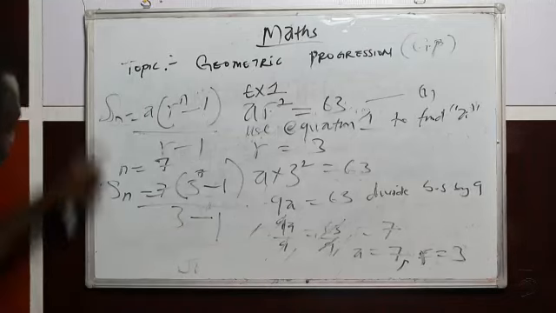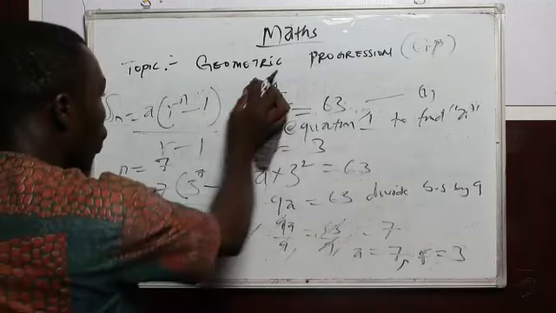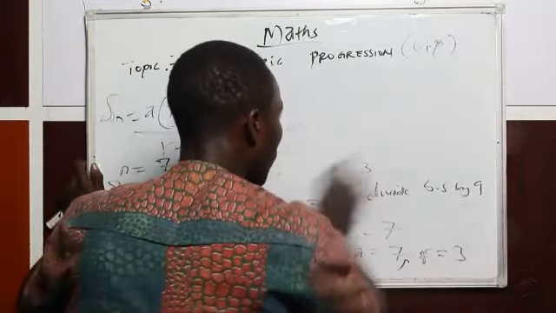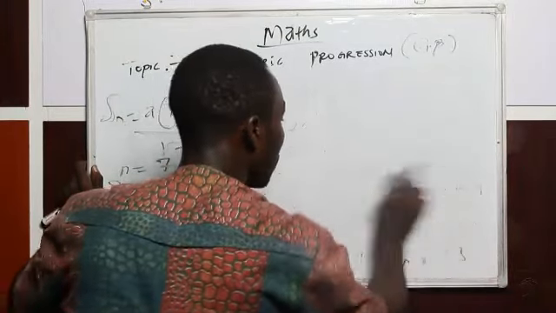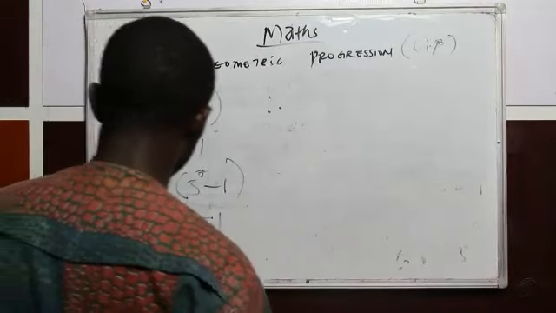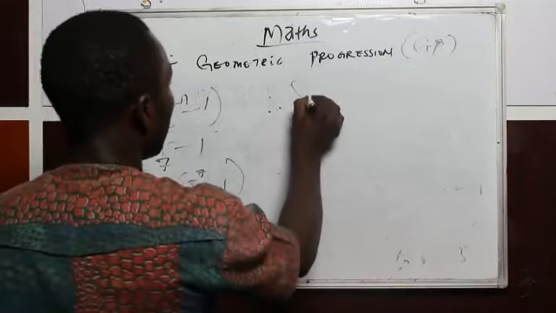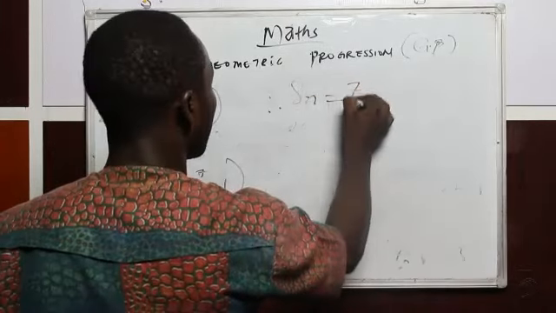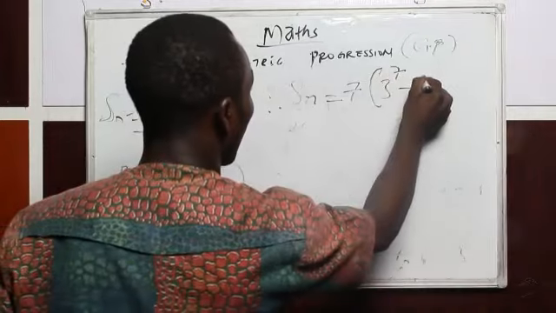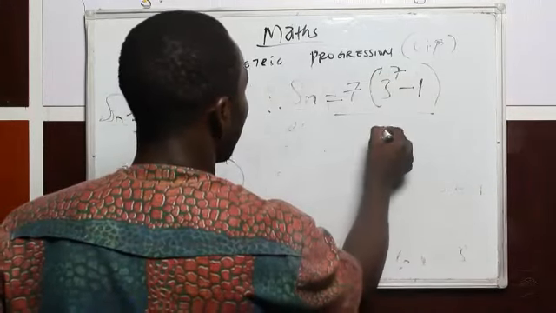So this formula has satisfied the equation for us to find the first 7 terms. Therefore, we have Sn is equal to 7 bracket 3 raised to power 7 minus 1 over 2.